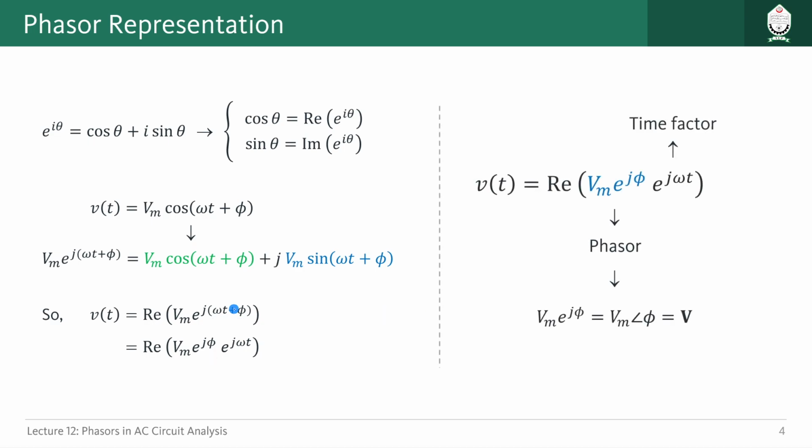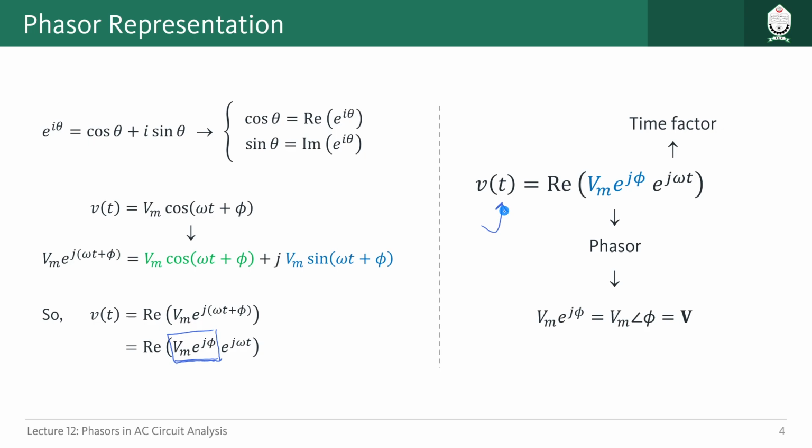Now this particular portion is actually the phasor of our signal V of t. As you can see, this is our sinusoid, which we want to represent in terms of a complex exponential.